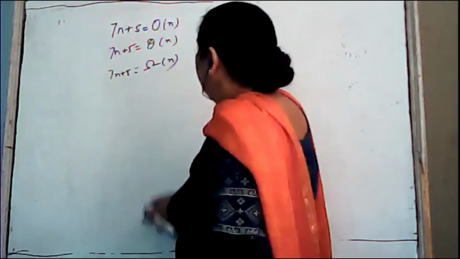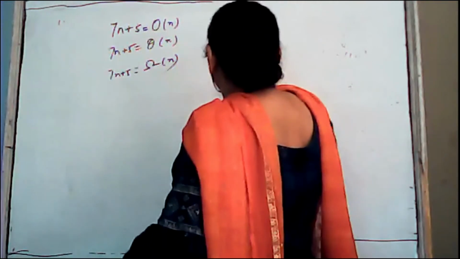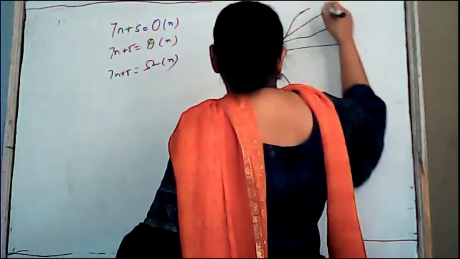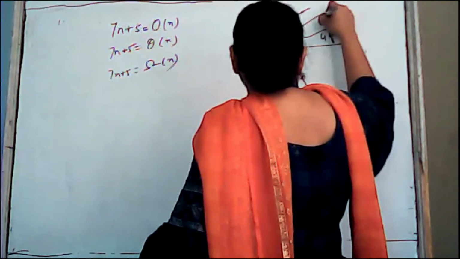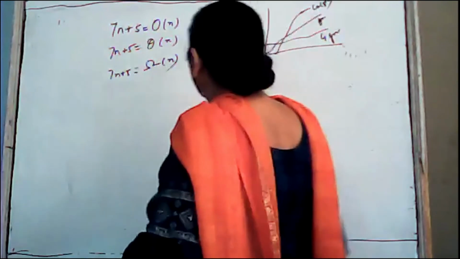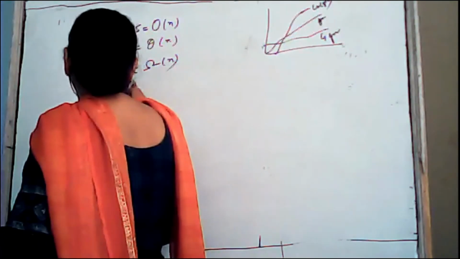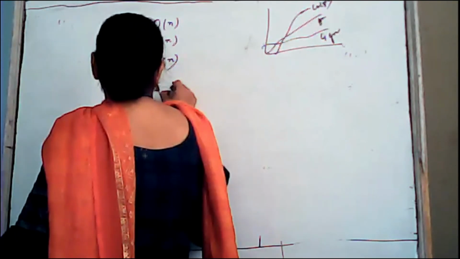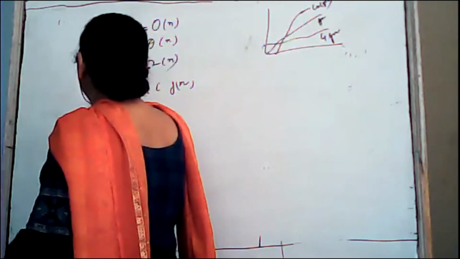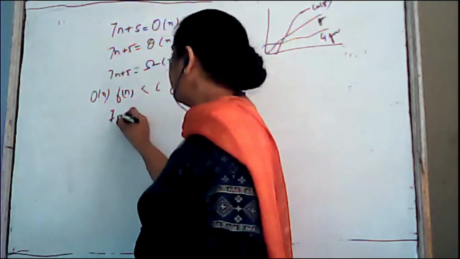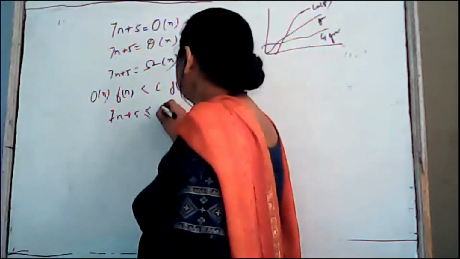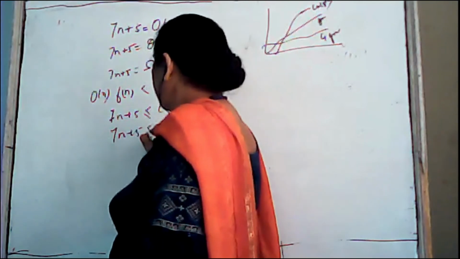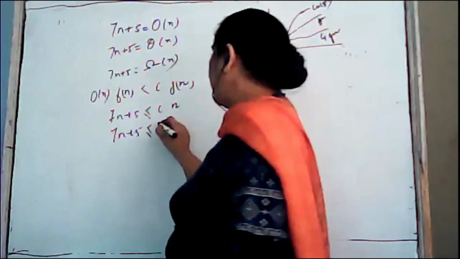So for big O, that means my f(n) is smaller than C of g(n), that is big O of n. So f(n) is 7n plus 5 and it should be less than C of n, that is 7n plus 5 is less than 7n.